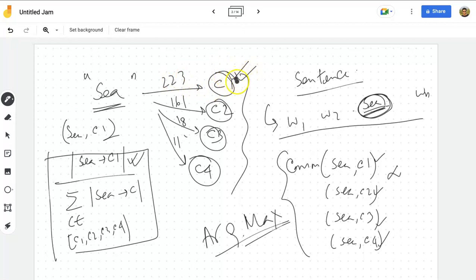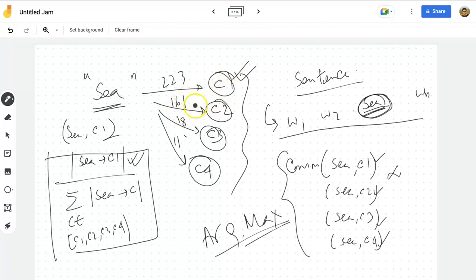Every time it will select C1, because in this case, when you are measuring the commonness with C and C1, the numerator will be the highest, 223. For C2 it will be 161, for C3 it will be 1. So if we use this formula, it will always choose the highest connected Wikipedia article.